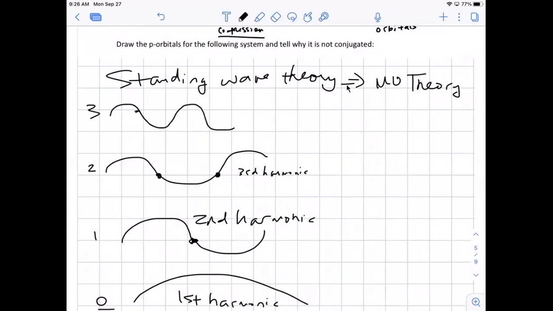So 1, 2. Like so. So this is the fourth harmonic.